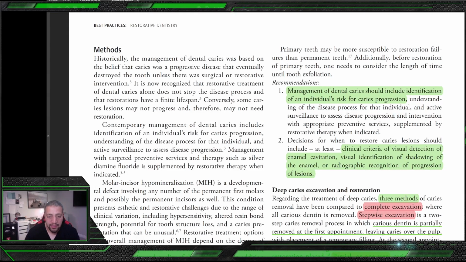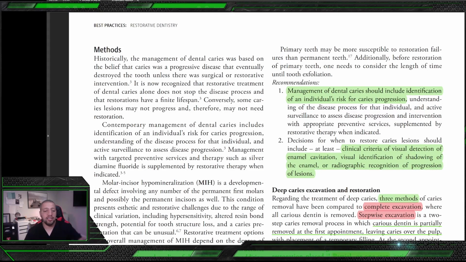What does this mean? It means not every caries inside the enamel will be restored for every patient. So you cannot look at an X-ray and say, oh, I will restore this one. No, you should know the caries risk for this patient, his regimen for oral hygiene, his frequency of coming to the office, his diet, his fluoride intake. It's a lot of factors.